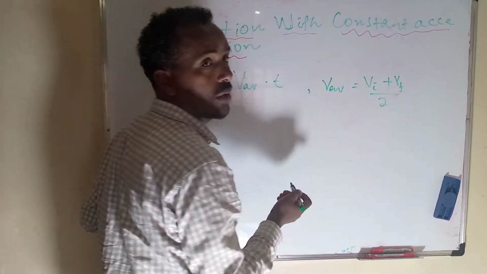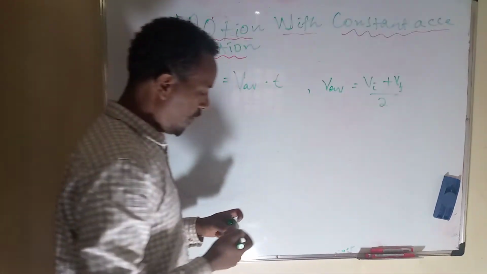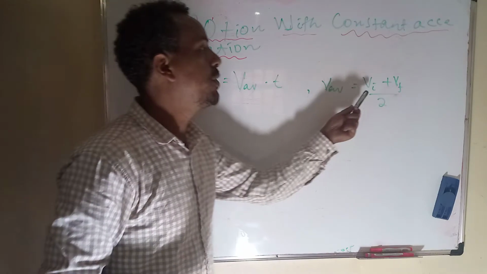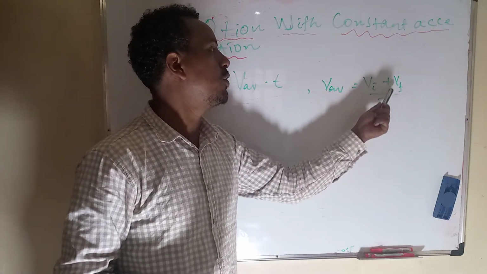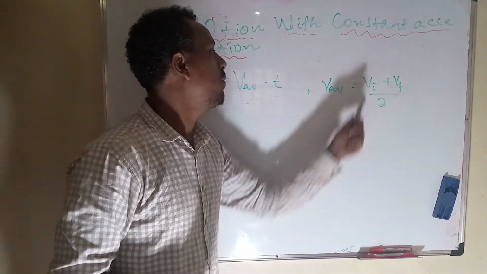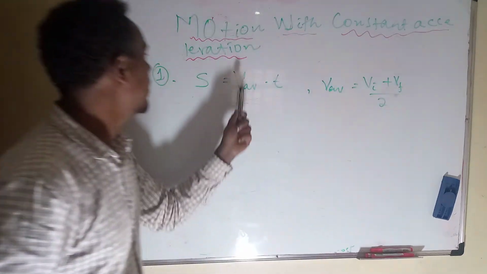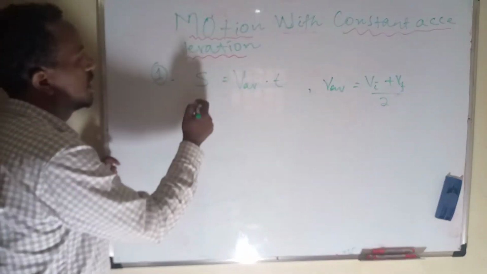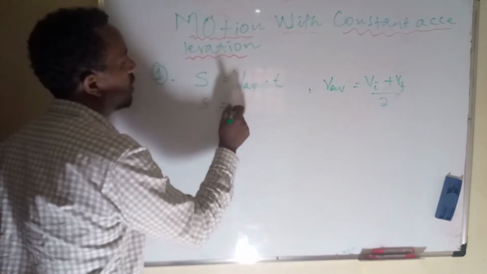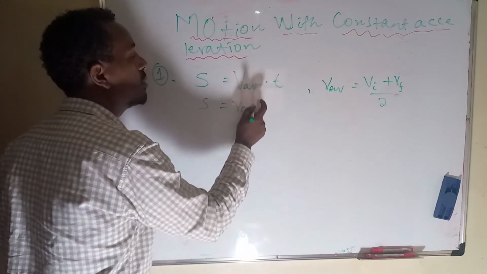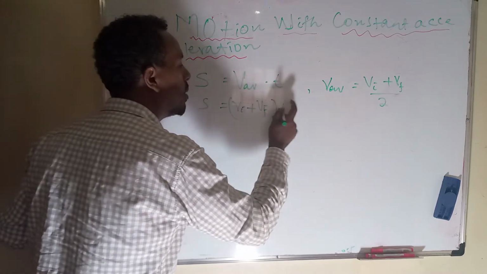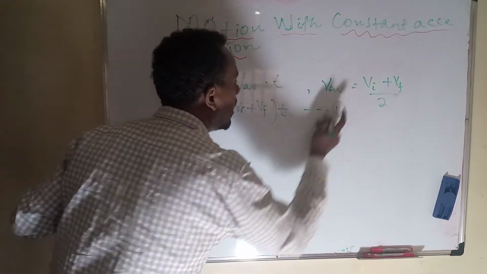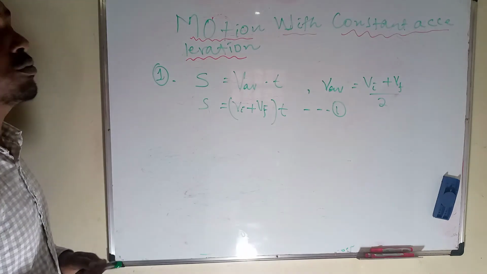Vi is initial velocity and Vf is final velocity. Let's use this instead of average velocity. S is equal to V initial plus V final over 2 times time. This is the first fundamental equation of kinematics.